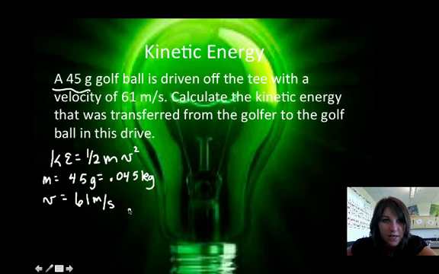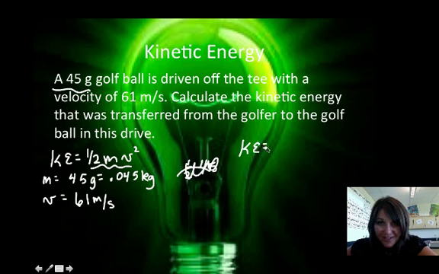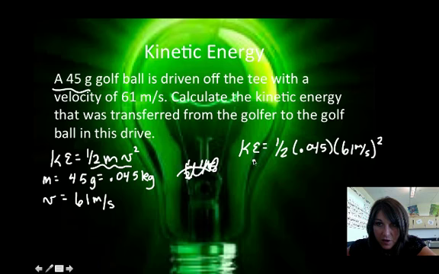Let's calculate the kinetic energy that was transferred from the golfer to the golf ball in this drive. All right, so remember our formula is 1/2 times mass times velocity squared. Kinetic energy is equal to 1/2 times the mass in kilograms times the velocity, and the velocity needs to be squared. So now grab a calculator.